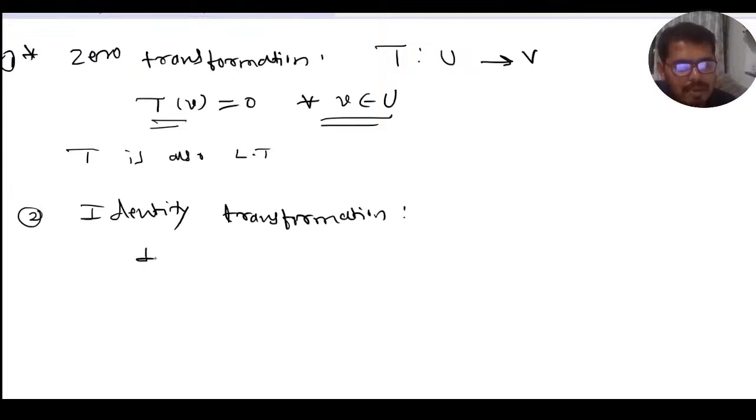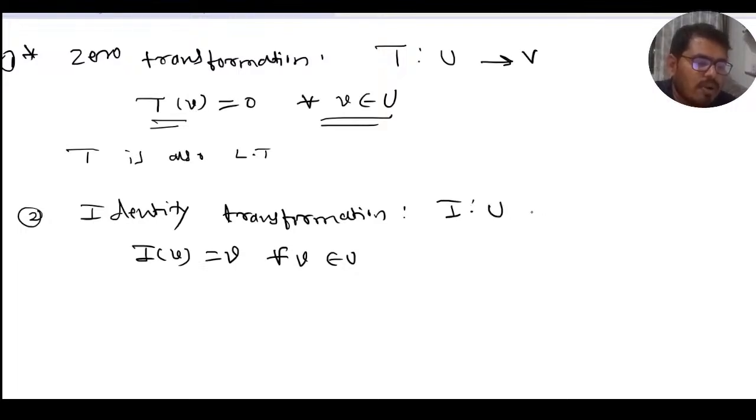The identity map is defined as T of p is equal to p for all p belongs to U. That is, I is defined from U to U, not V, because the identity map is from U to U. The domain and codomain are the same. That's why it is defined as T of p is equal to p for all p belongs to U. This I is also a linear transformation.